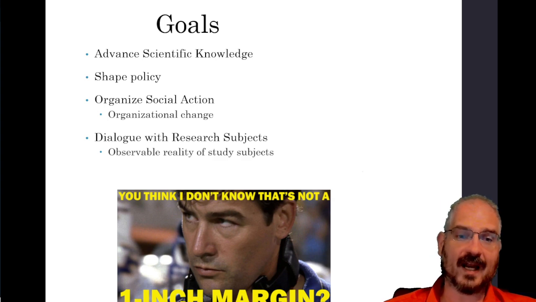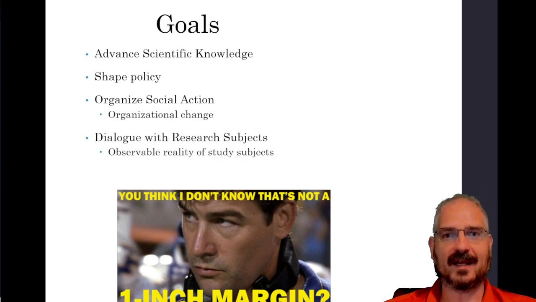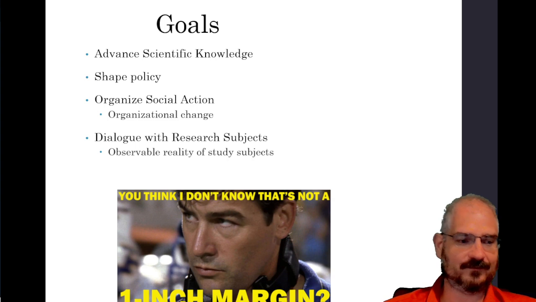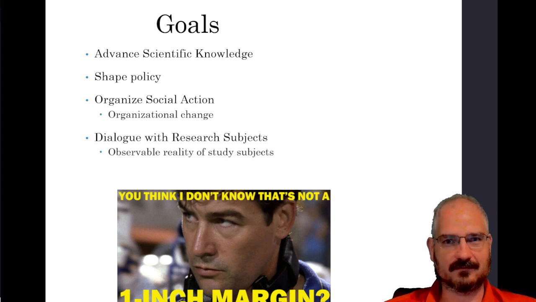We also want to organize social action, right? We want to get people to view the world through the lens of science so that they'll be able to do all those things that people can do in a free and democratic society based on the best possible information, whether that's voting or protesting or organizing against an oil company dumping oil into the ocean or whatever, right?